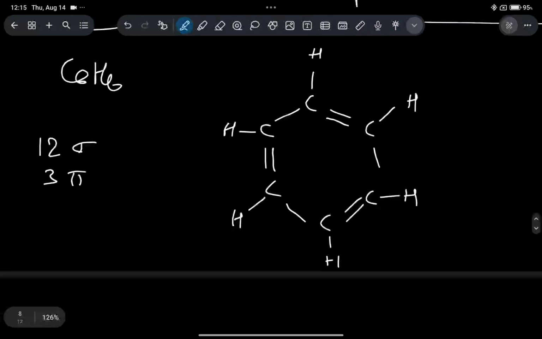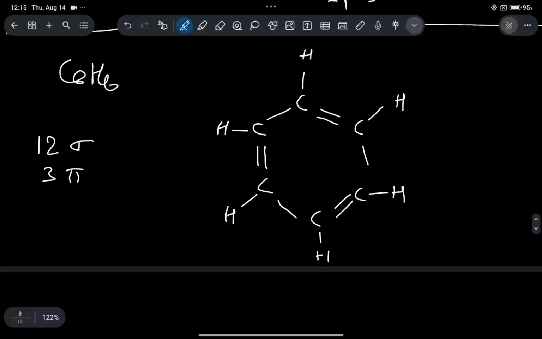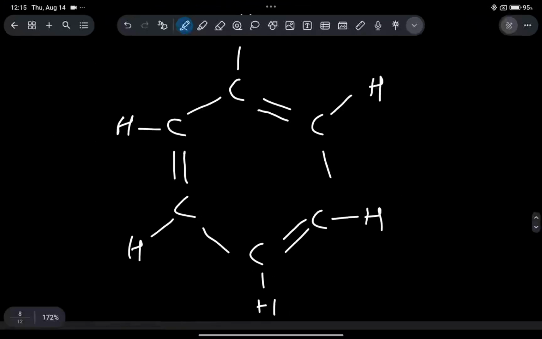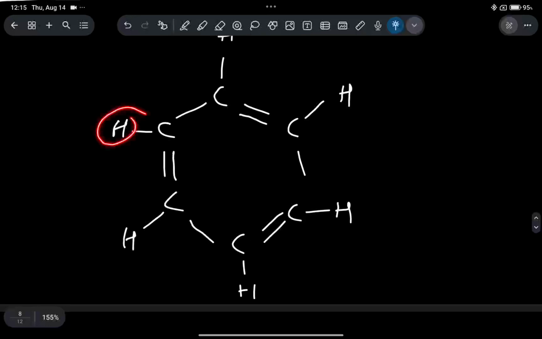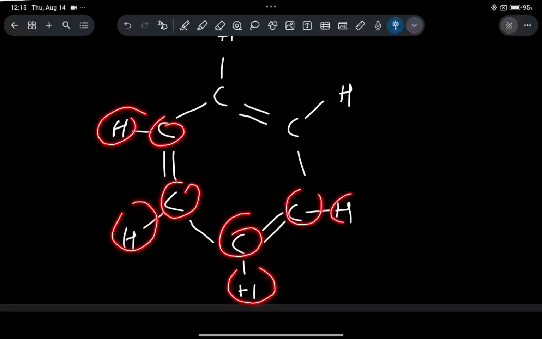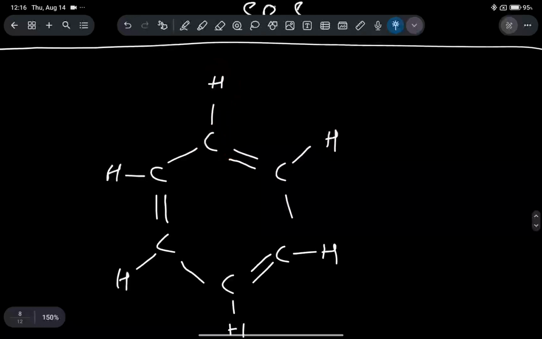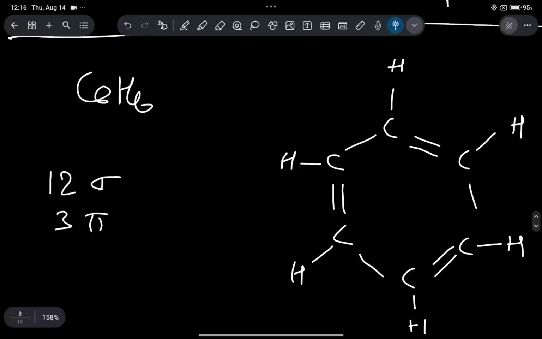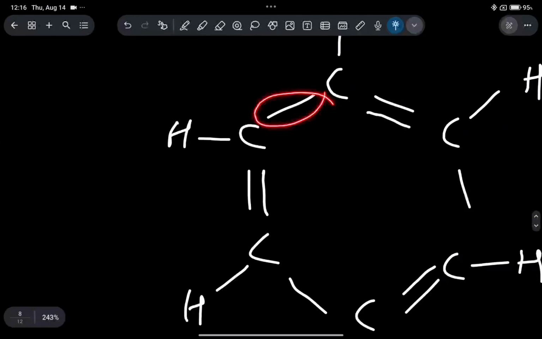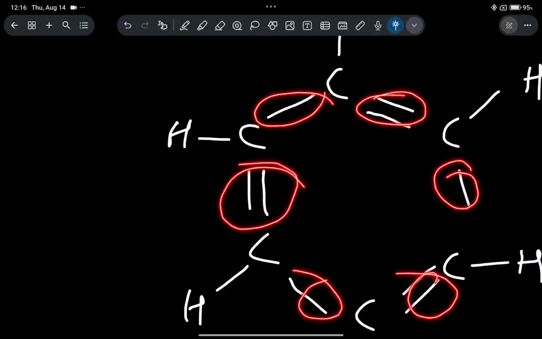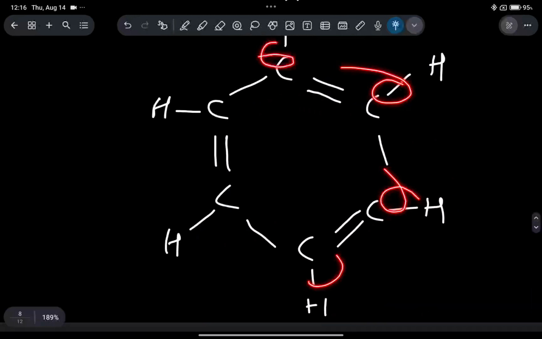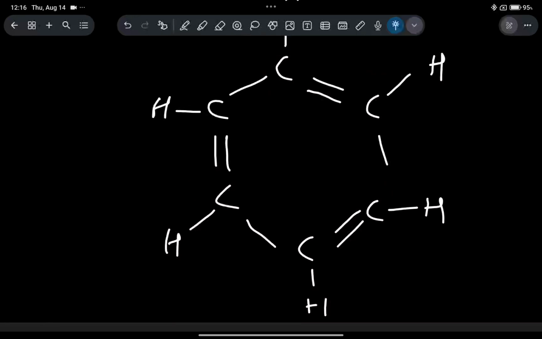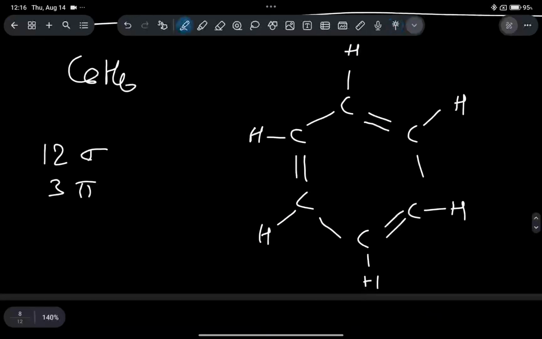Now, how can we calculate by atomicity? Let's check. Atomicity means counting the total number of atoms: 1, 2, 3, up to 12. So atomicity is 12. 12 minus 1 gives 11, but we got 12 sigma bonds by the structure. So by atomicity, it does not work.